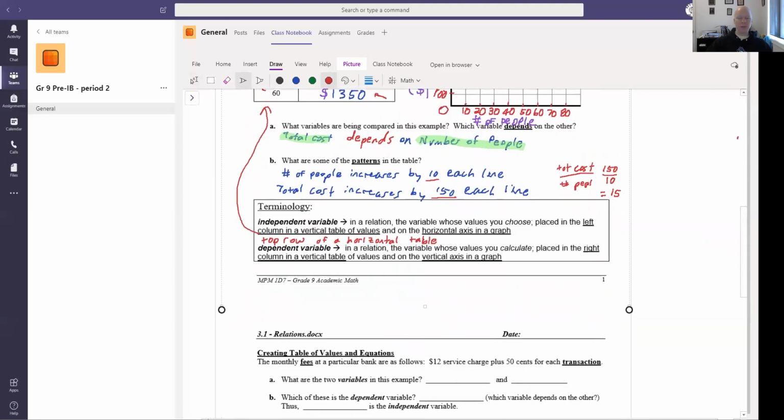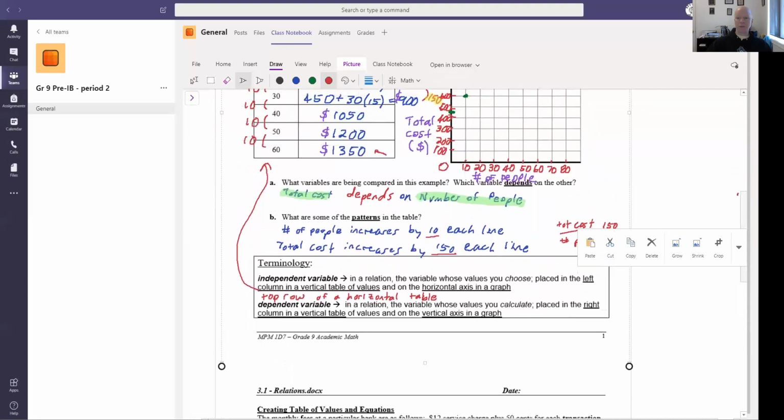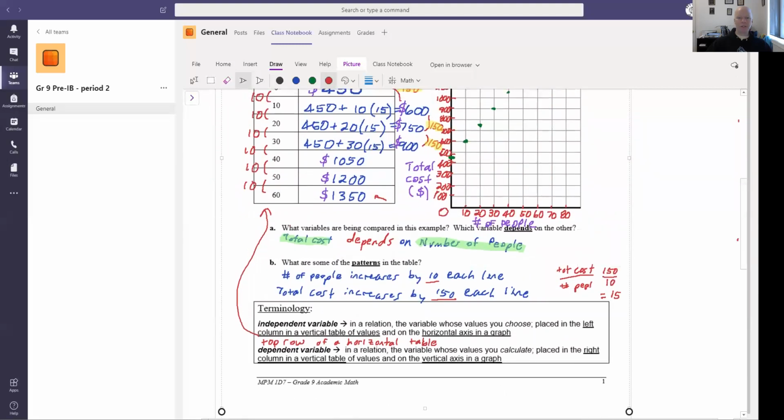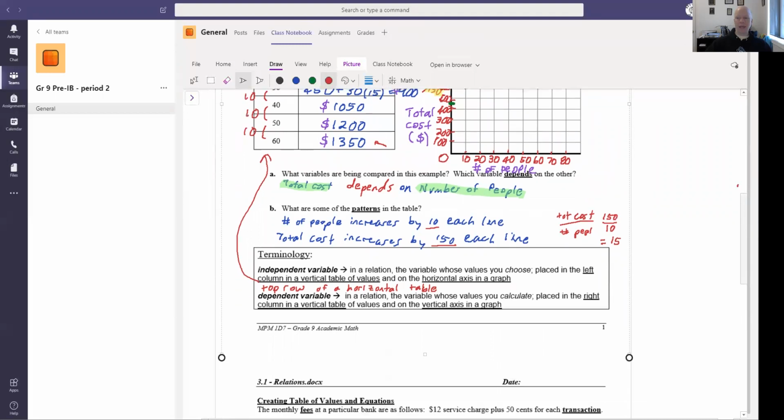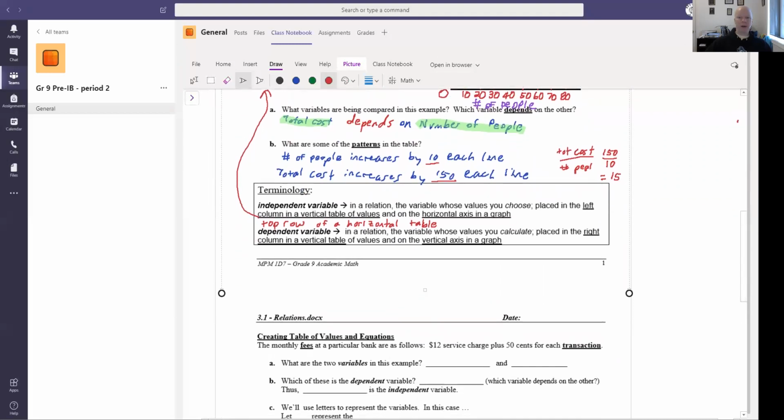Now we come down to the dependent variable. The dependent variable in a relation is the variable whose value you calculate. We calculated all of those total costs in the right-hand column of the table. Those are the dependent variables because they depend on the variable on the left.